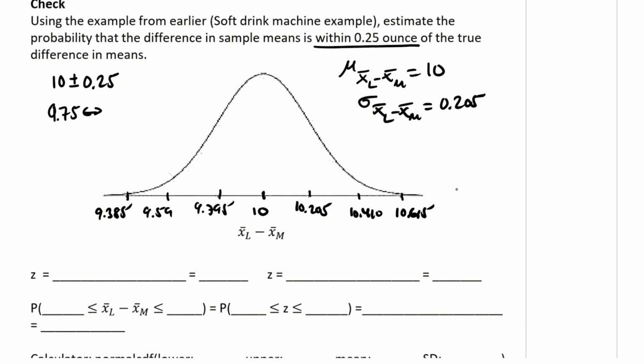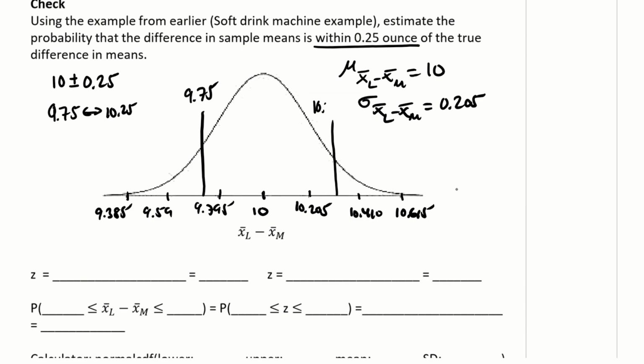So it wants to be between those two values. This is the difference in the sample means, x bar 1 minus x bar 2. I'm just going to write the numbers: 9.75 and then 10.25.